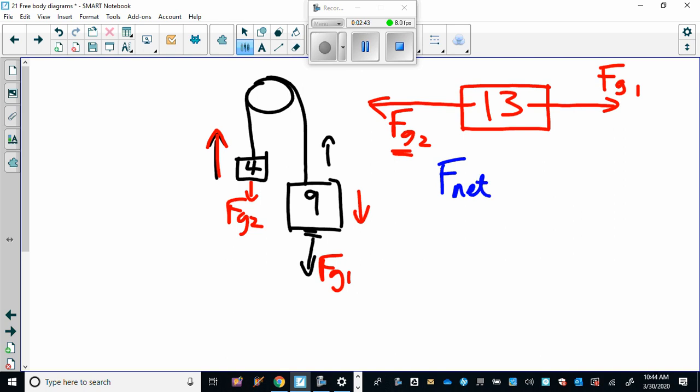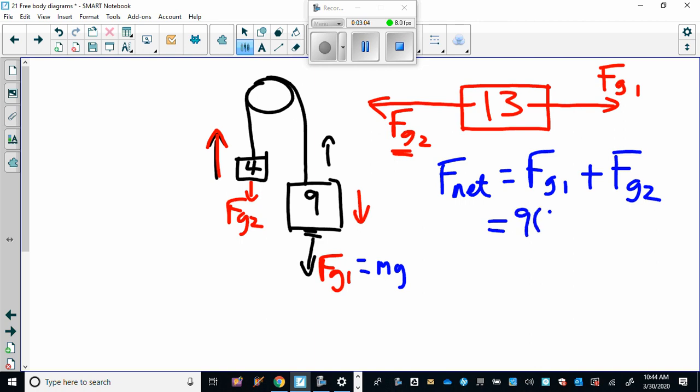And once you understand that concept, then you can just write a net force statement. The net force equals Fg1 plus Fg2, which equals the force of gravity pulling the 9 down, which is simply mg. So for this one, it's going to be the mass, 9, times the force of gravity, 9.81.